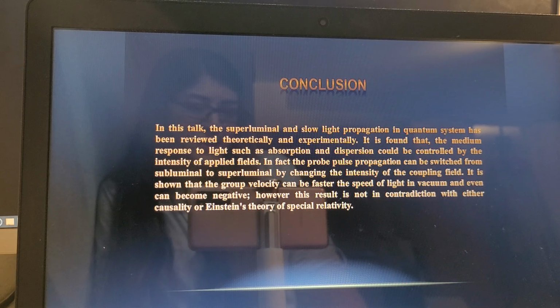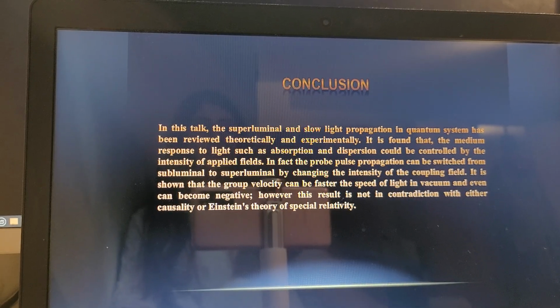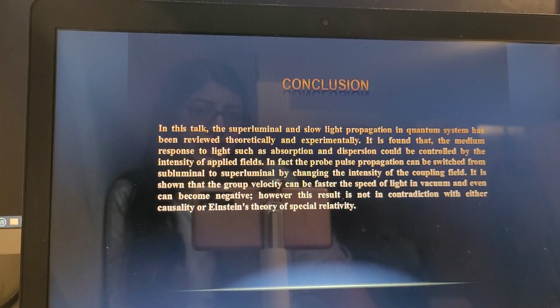It is shown that the group velocity can be faster than the speed of light in vacuum and can even become negative. However, this result is not in contradiction with either causality or Einstein's theory of special relativity. So that was a short review of this bizarre phenomenon.